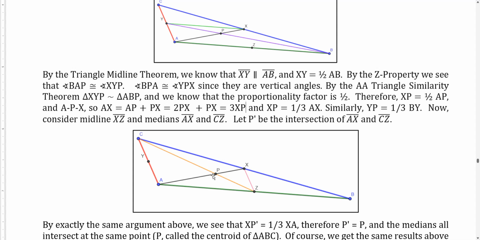So let's call the intersection this time P prime, okay? Potentially a different point. But it's not, because we see that the distance from X to P prime has to be 1/3 of the distance from X to A, but we already know that P, the intersection that we found up here, is 1/3 of the way from X to A. And so P prime has to be the same as P, and that shows that all 3 of the medians must intersect at the same point, P. So P prime is P, those are the same point.